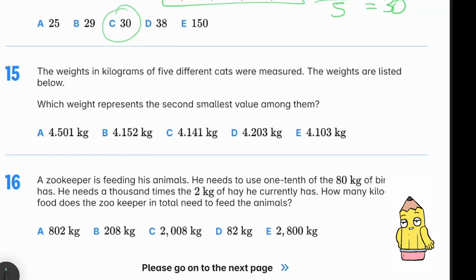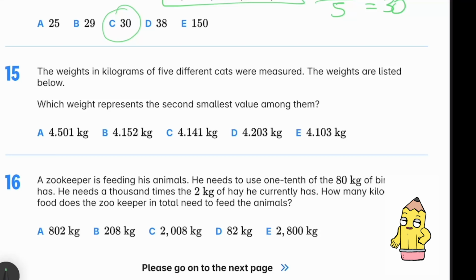Okay, question 15. The weights in kilograms of 5 different cats were measured. The weights are listed below. So which weight represents the second smallest value among them? Because it's asking for the second smallest value out of the 5 values, and the values in the ones column are all the same, we must order the numbers by looking at the tenths column. So again, you can see we've got ones in their tenths columns, and we're looking for the second smallest of these numbers.